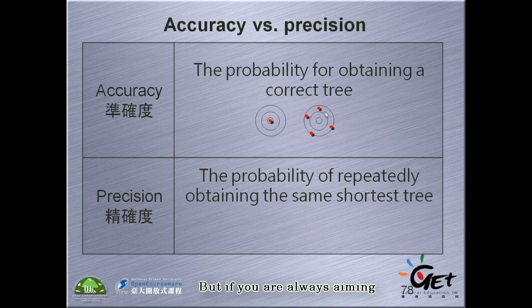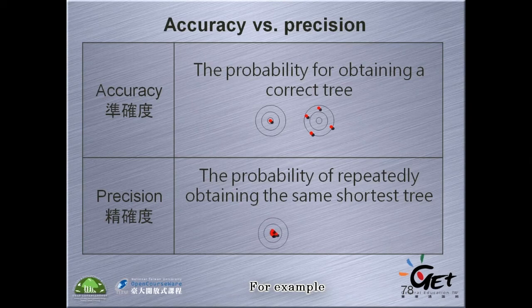But if you are always aiming nearby the center, then it still has a high accuracy in a sense. But sometimes a certain method can have very high precision, but it does not necessarily mean that you are getting the right answer.